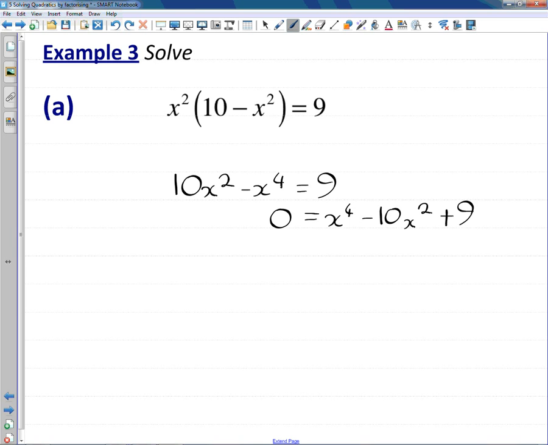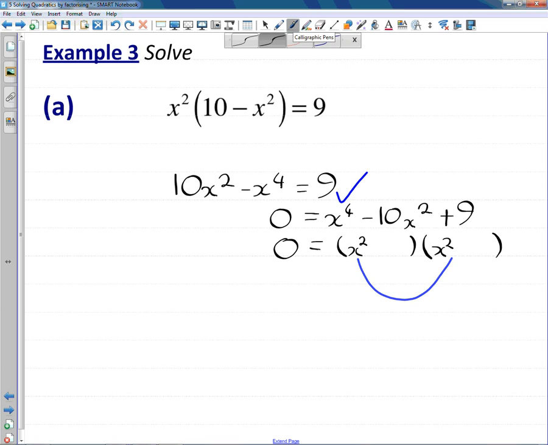We can just go ahead and factorize it as we perhaps ordinarily would. The only difference being that in order to get x to the 4, that will not do at all. That gives x squared. But of course, if we have x squared there, then it does achieve the x to the 4 there.